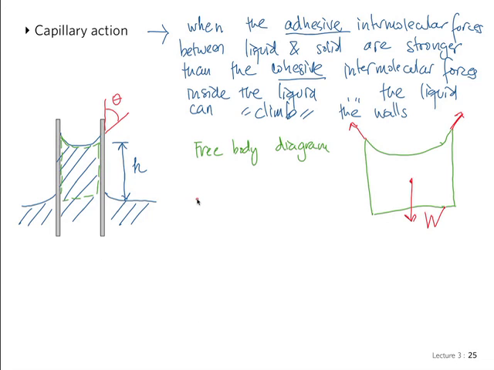The weight is equal to gamma pi r squared h, where gamma is the specific weight of the liquid.